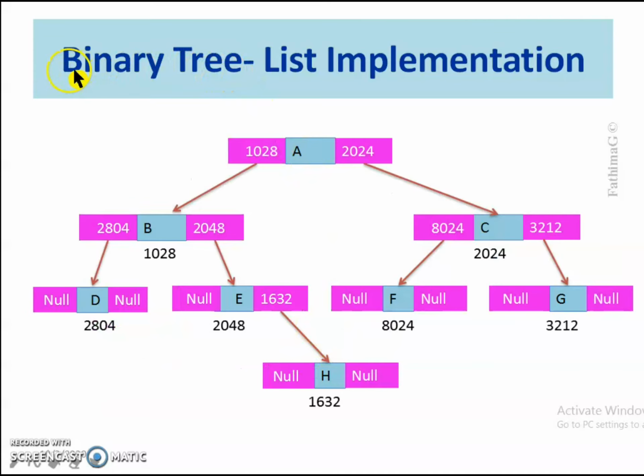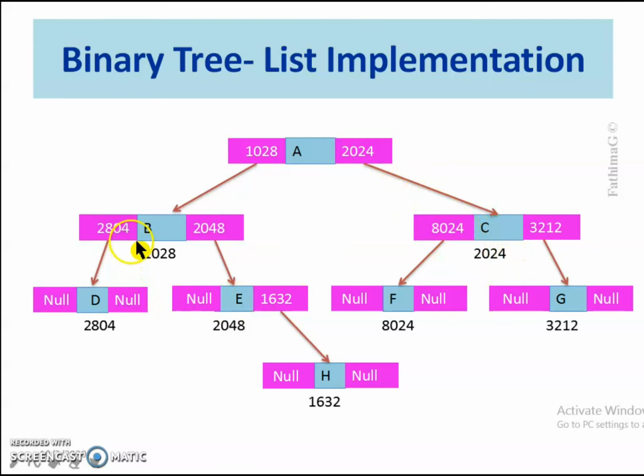Let us see the example. Here the root node is A. As B and C are left and right child of A, the left child pointer of A contains the address of node B, which is 1028, and the right child pointer of A contains the address of node C, which is 2024.